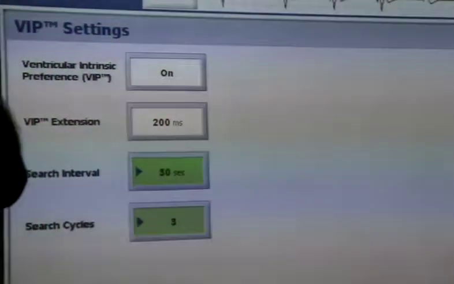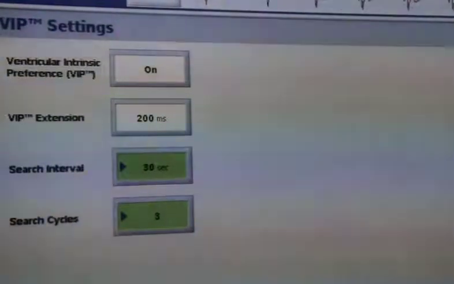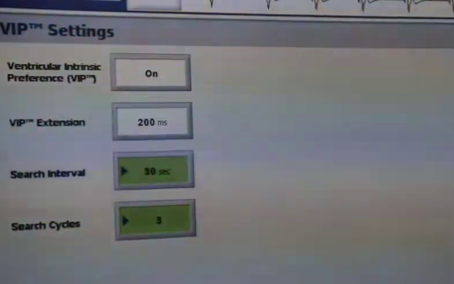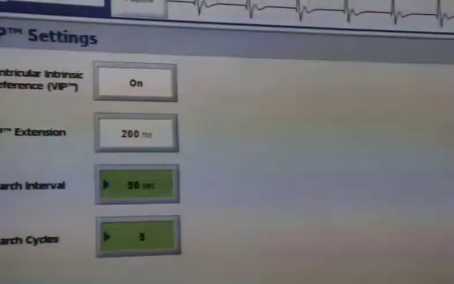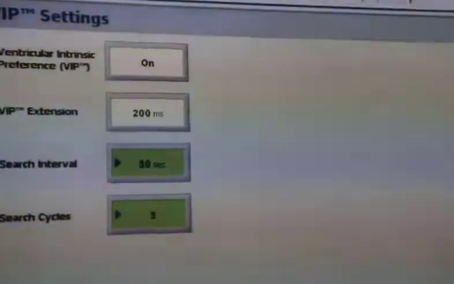If we want to be reasonably aggressive, which in this lady I would be, every 30 seconds it will go long for 3 cycles: sensed, long, sensed, long, sensed, long. And if all 3 of these are long, it will stay long and promote intrinsic conduction.